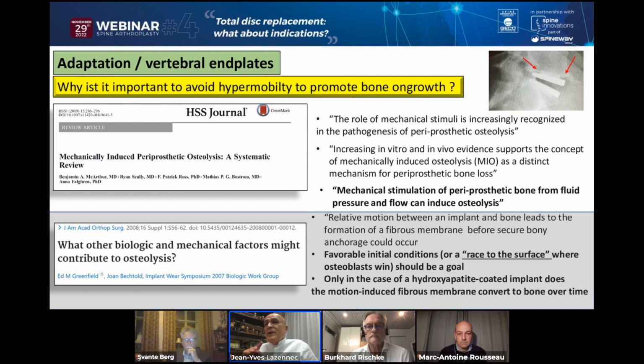And only in the case of a hydroxyapatite coated implant does the motion-induced fibrous membrane convert to bone over time. We have several papers publishing this, and it is an old concept of 20 years for hip and knee surgeons. So the concept of race to the surface.